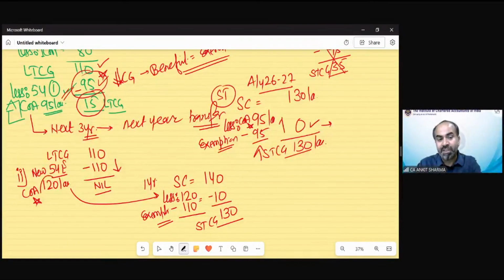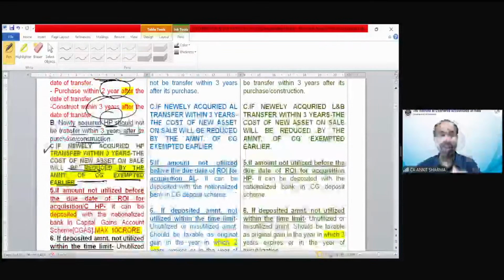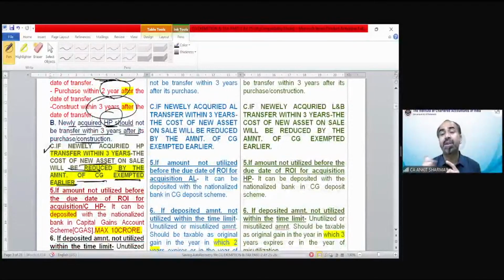But if cost is more and exemption is less than that, then there would be some cost of acquisition. So that is the consequence, that if you transfer that property within 3 years, then the capital gain exempted earlier is going to be reduced from the cost of acquisition.